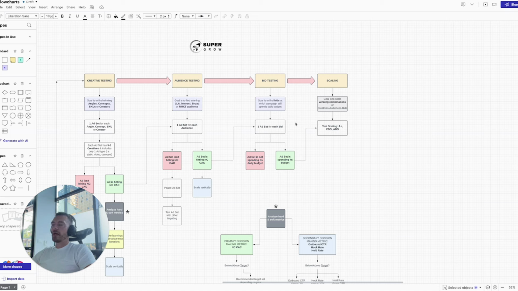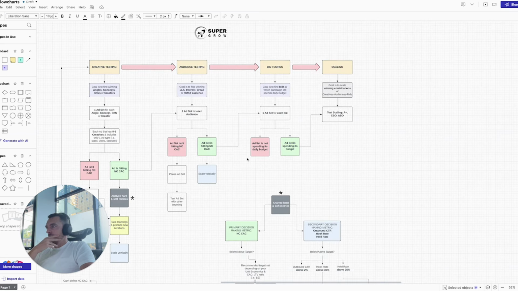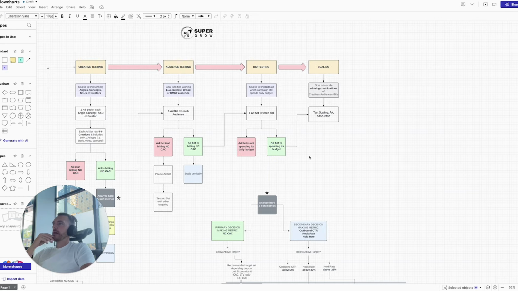When you're testing bids, you essentially want to see what happens with spend and take note of when it's spending, at what point it's spending, at what point it's not spending. And that's pretty much it. So if the ad set is not spending its daily budget, we need to obviously increase our bids. If it's spending, then we might have a good bid testing campaign that we can scale.